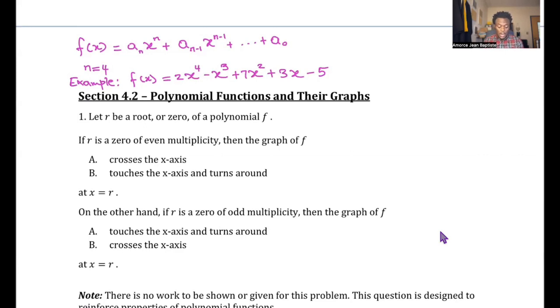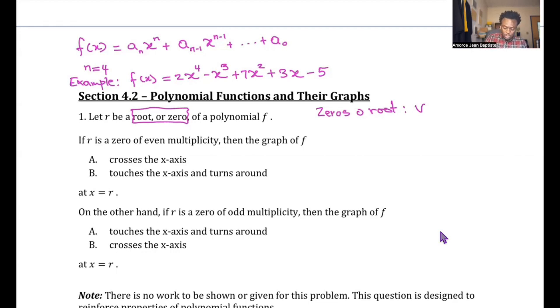And in this case, we will be talking about the zeros. The first thing we're going to talk about here is the zeros or roots of a polynomial function. The zeros or roots are the values of the variable that make the polynomial equal 0.